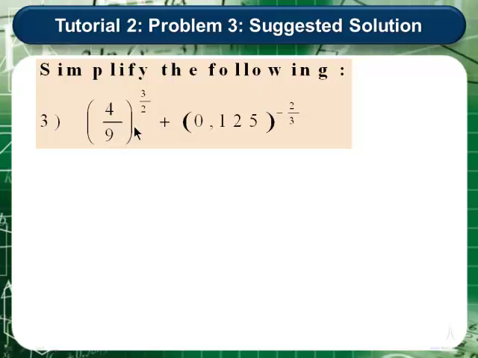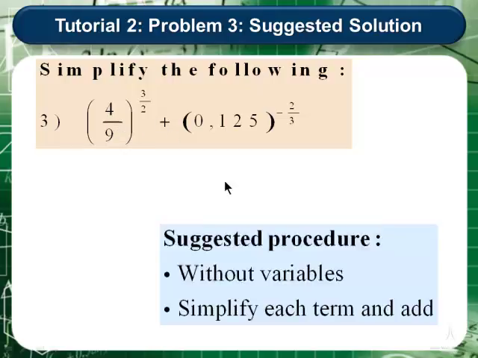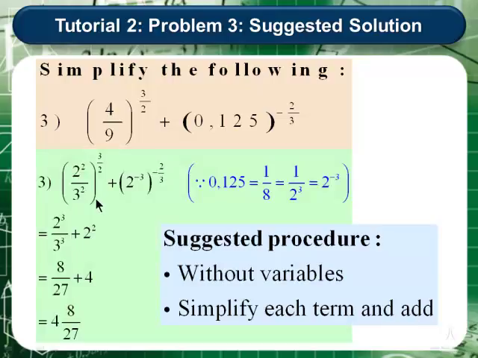Let us look at a possible solution to problem 3 of tutorial 2. We need to simplify this particular expression. Remember, as suggested before, there are no variables here, so we simply simplify each term and then add the corresponding answers.